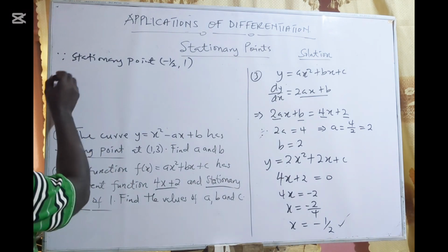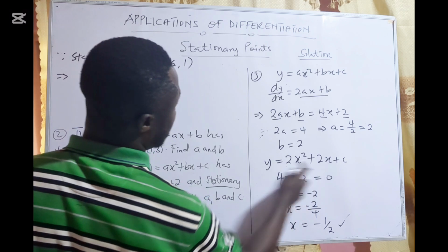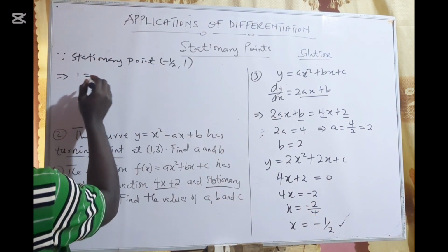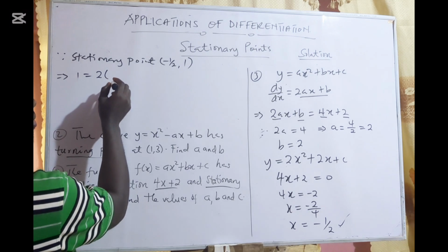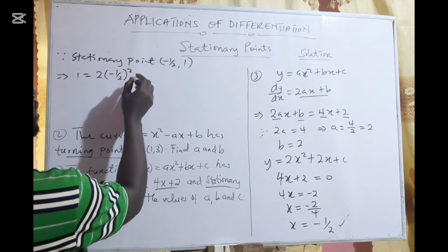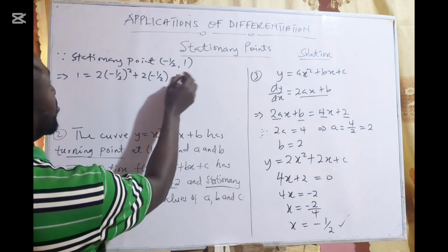Alright, so we can substitute the x and the y into our function here and find the value of c. So 1 is equal to 2 times minus 1 over 2 squared plus 2 times minus 1 over 2 plus c.